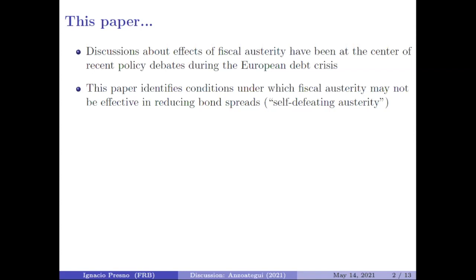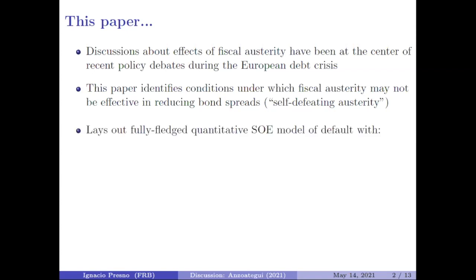So what this paper is going to do is try to identify conditions under which fiscal austerity may not be effective in reducing spreads. That is, it can be self-defeating. And what it's actually going to find is that those conditions are highly unlikely to occur.